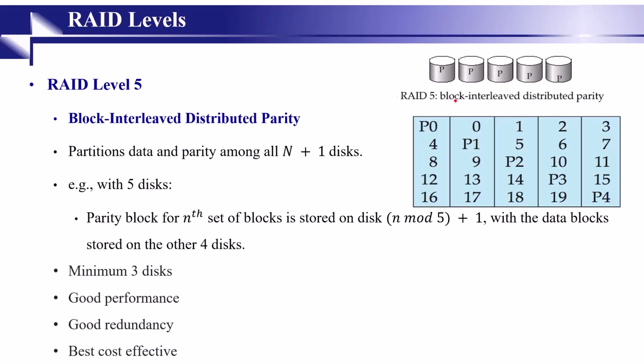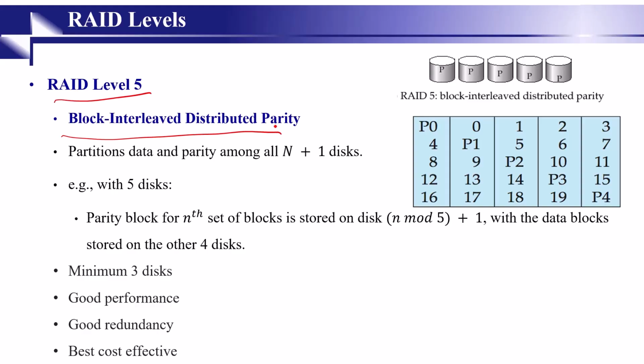Now we are at RAID level 5, a fan favorite. This uses block interleave distributed parity, spreading both data and parity across all disks. No single parity disk here.